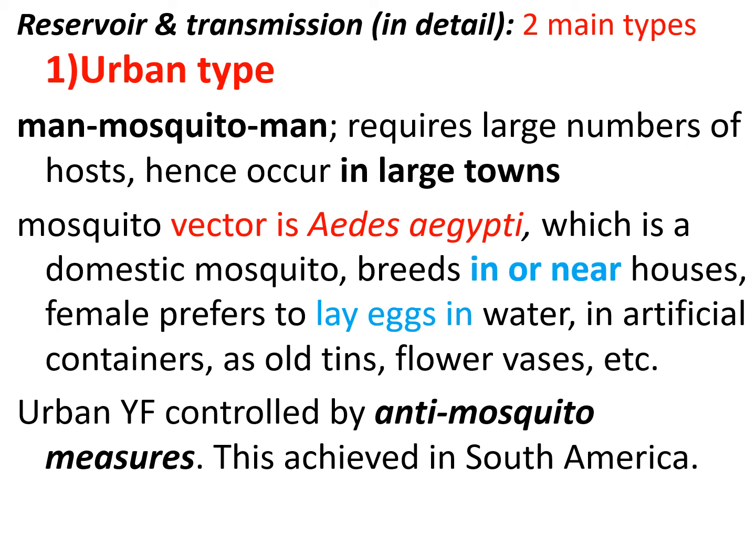The female prefers to lay eggs in water, in artificial containers such as old tins and flower vases. Urban yellow fever is controlled by anti-mosquito measures. This was achieved in South America.